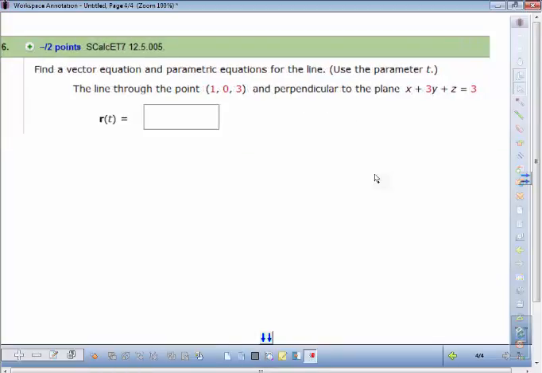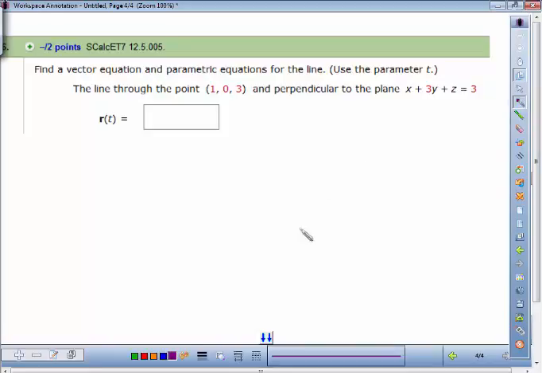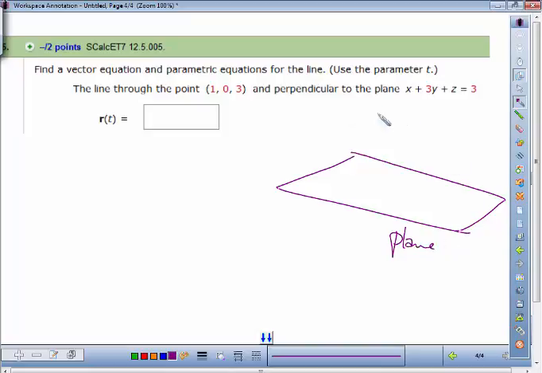So this time, a line going through the point 1, 0, 3, and then perpendicular to a plane, x plus 3y plus z is equal to 3. And this is your plane, and your point is somewhere.